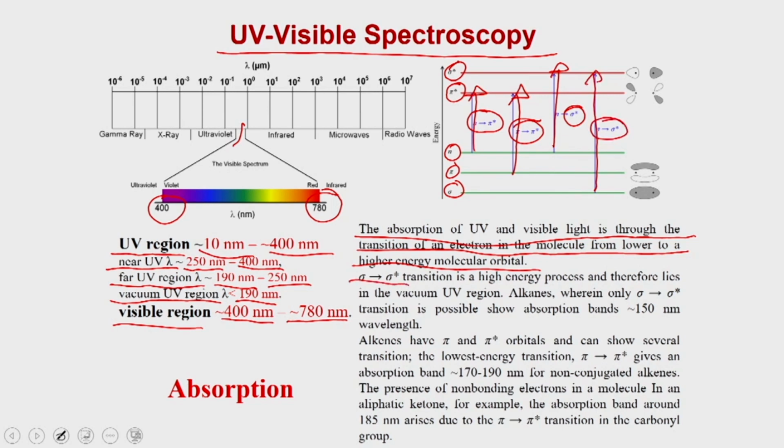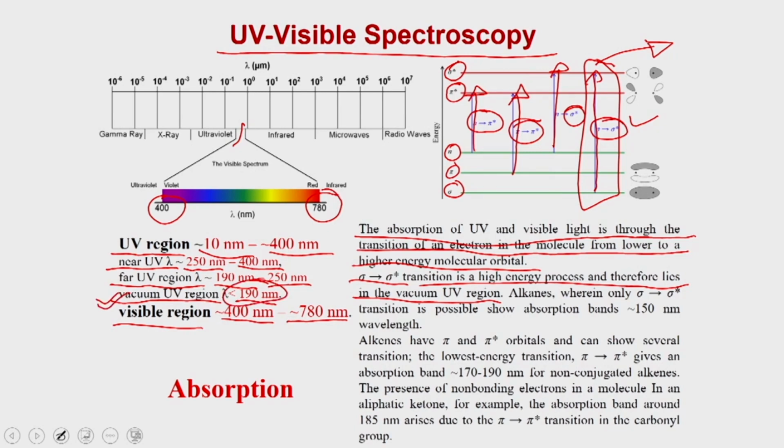So, the sigma to sigma star transition means this interaction is a high energy process and therefore lies in the vacuum UV range. This is actually the maximum transition possible, going from the lowest energy to the highest energy, and that is why this type of transition requires very high energy, within the vacuum UV range, because the wavelength is very low.